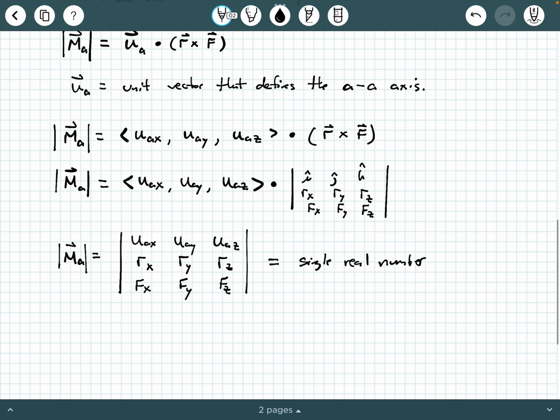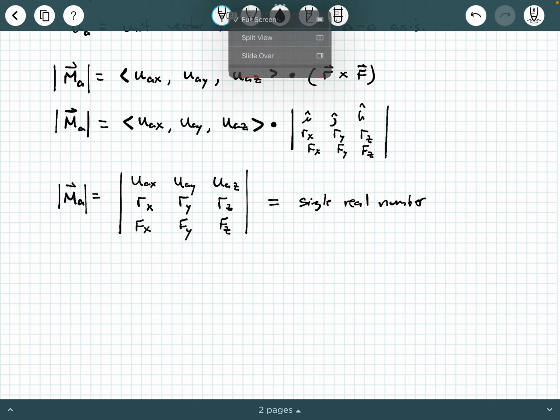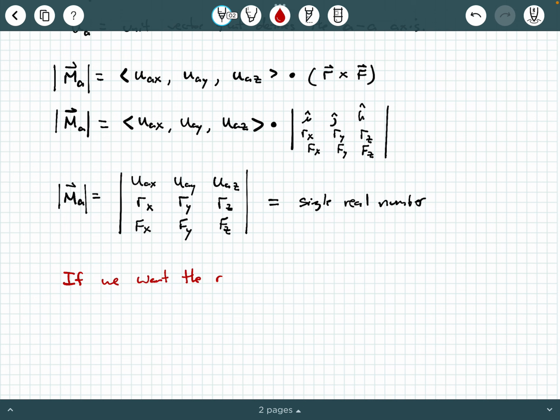So if we want MA as a Cartesian vector, here's what we do. If we want the Cartesian vector MA, guess what we do? We say Cartesian vector MA is that magnitude that we just calculated multiplied by what?